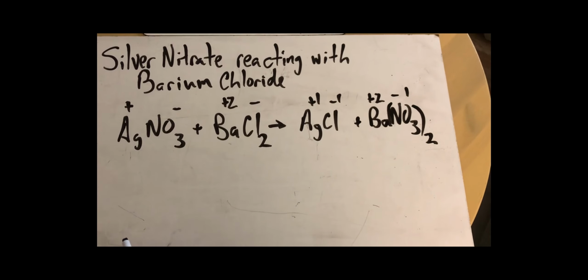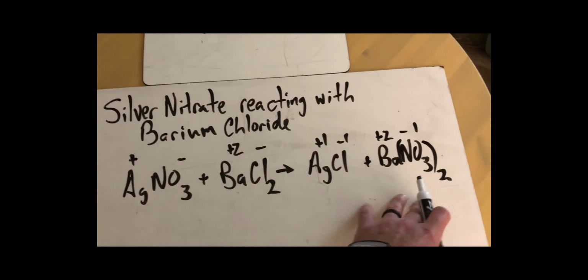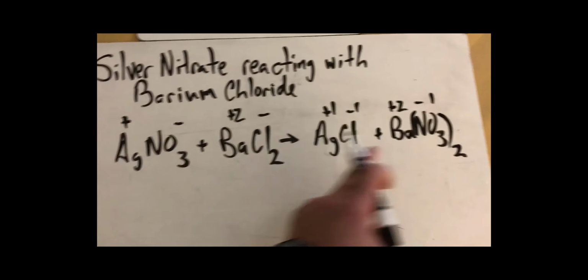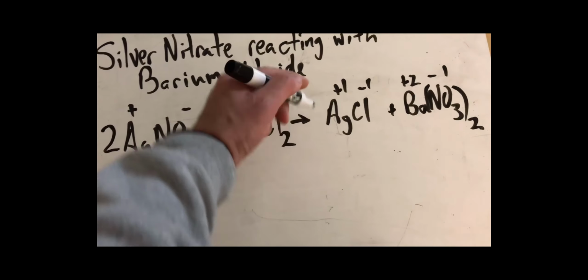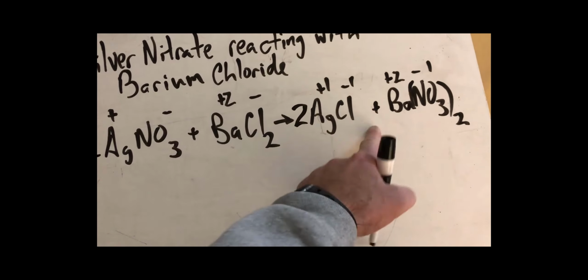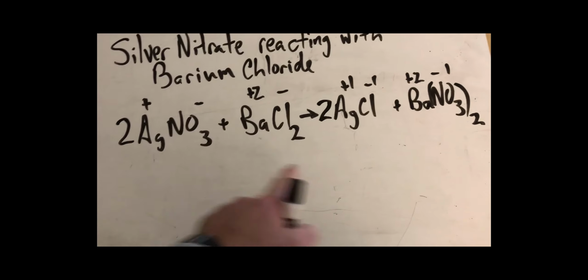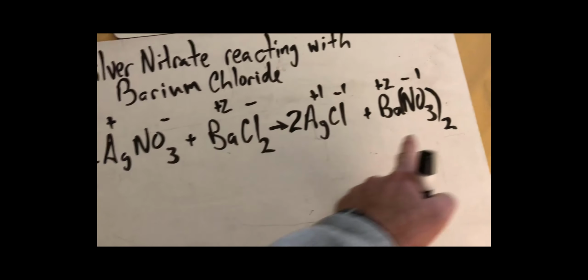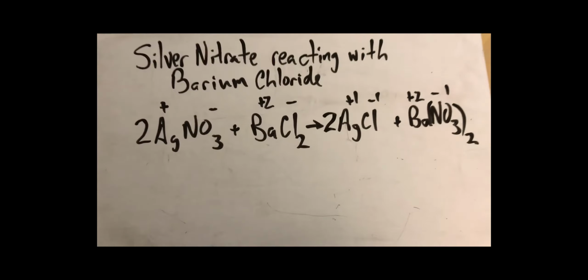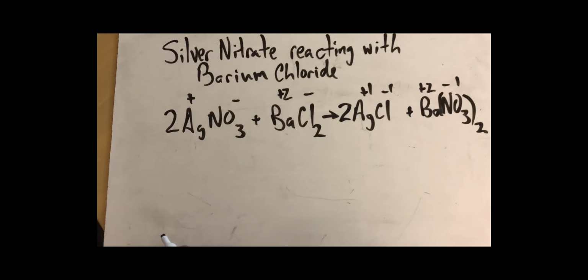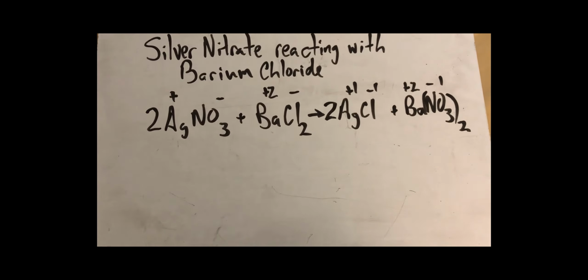Okay, so now if you take a look at this, we still got to balance it. So I have 2 nitrates here, so I need a 2 in front of this, which I need to put a 2 in front of the silver anyway to take care of the chlorines. Okay, so 2 silvers, 2 nitrates, 1 barium, 2 chlorines. We are good there.